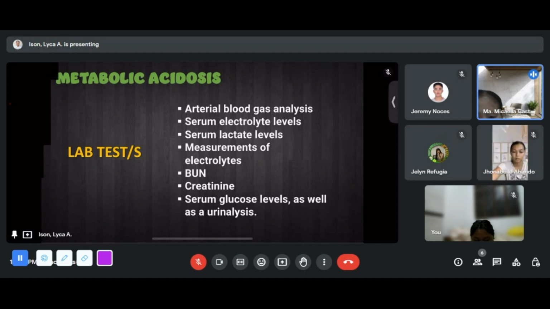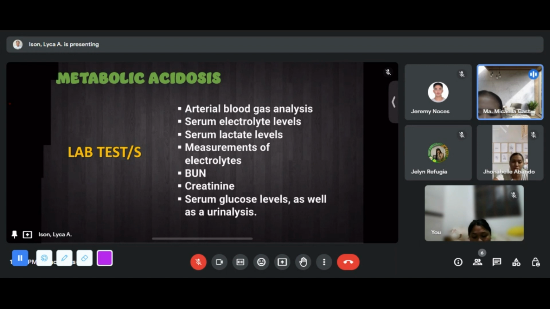Serum lactate level measures the amount of lactic acid in the blood and is a fairly sensitive and reliable indicator of tissue hypoperfusion and hypoxia.